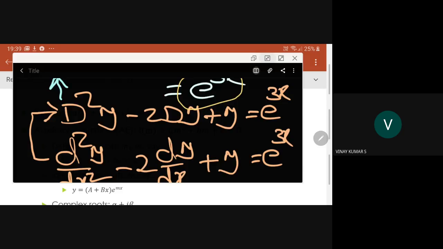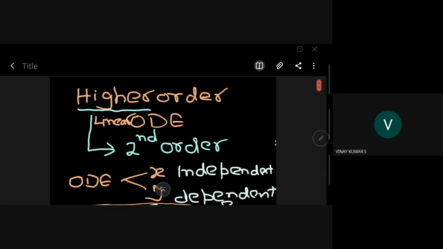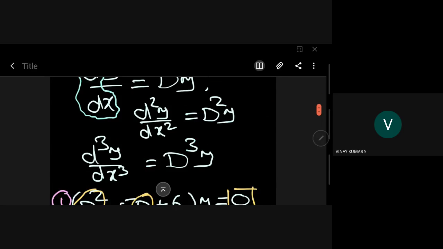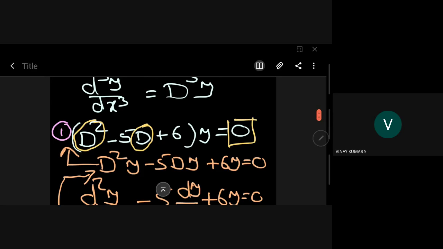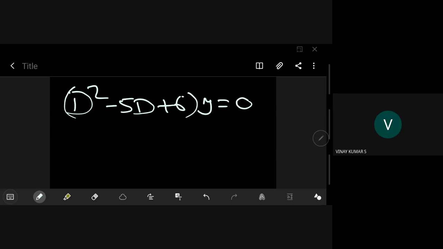So I will go to the examples here. The first example is d square minus 5d plus 6 acting upon y is equal to 0. So we start with that one.